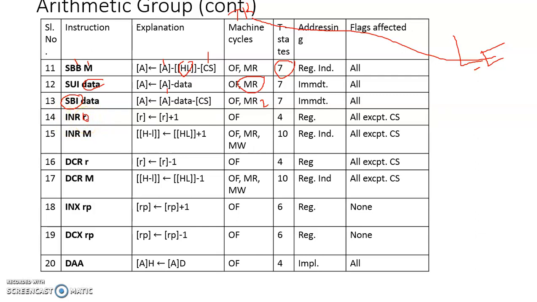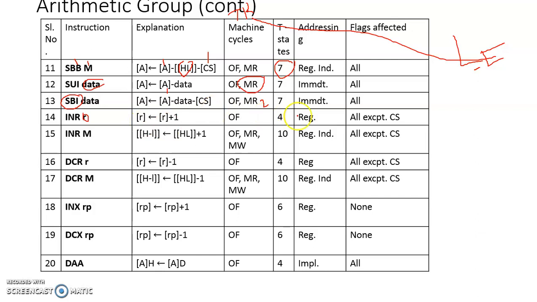Upon decoding, the processor will identify that the operand happens to be the content of the register present within the microprocessor that needed to be incremented by unity. Overall, there will be 4 different T states. Now, addressing mode. The operand happens to be the content of a register. To represent that operand, the symbol of the register is mentioned.